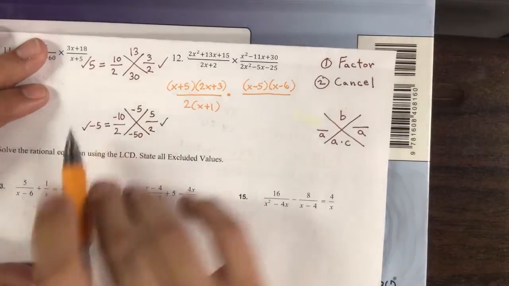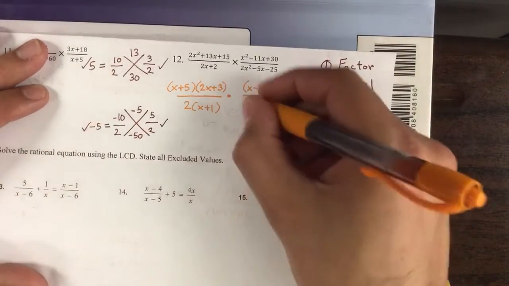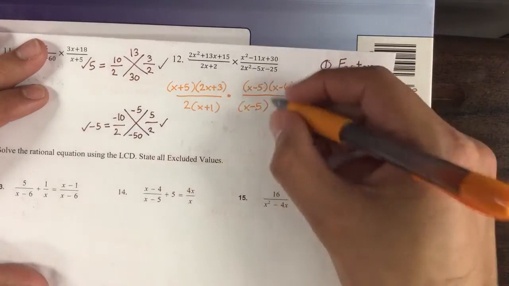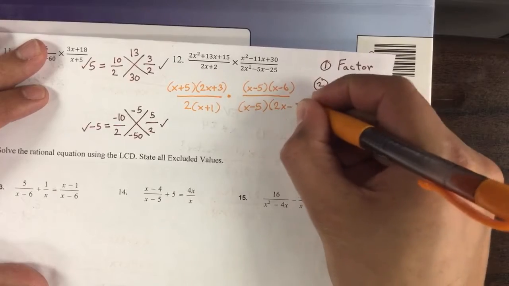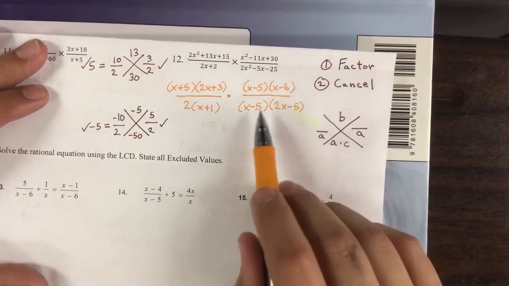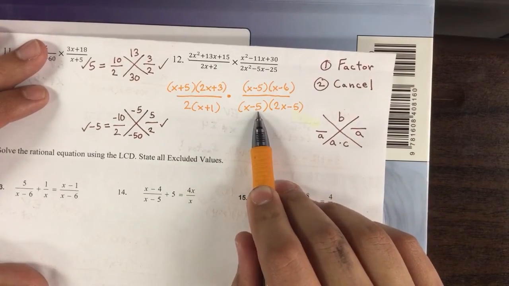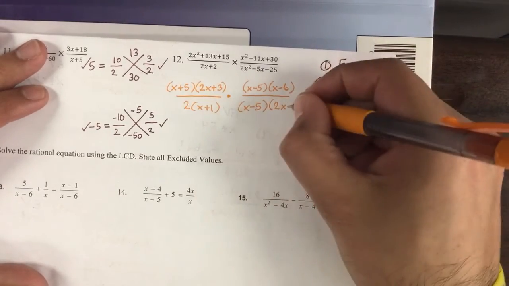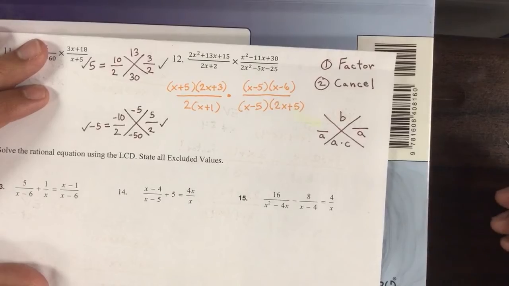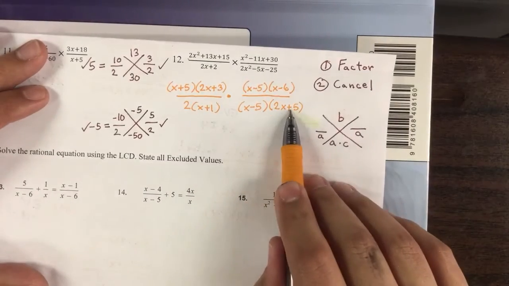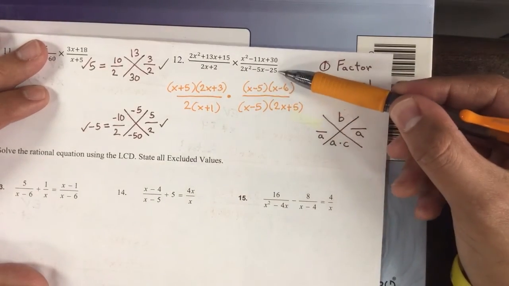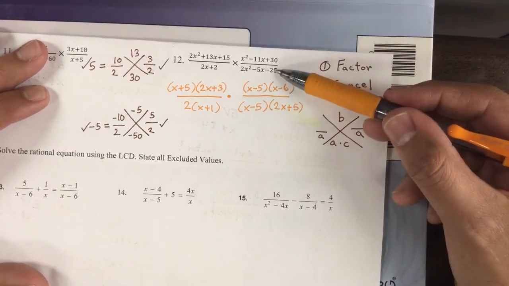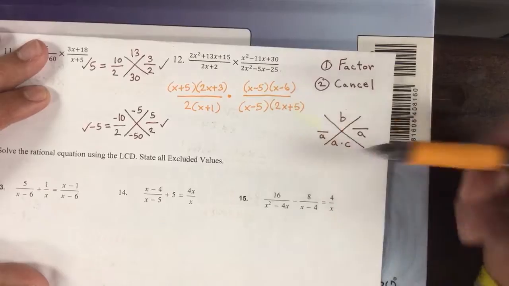Okay? Right away, that's x minus 5. Bottoms up. So it's 2x minus 5. Double check your math. -5 and -5. Oh, I messed up, didn't I? Yes, I did. This is a plus sign. See? That's why you want to check your math. -5 times +5 is -25. So you did right. If it was 2, that would have been -10. That's not -10. So flip it, okay?